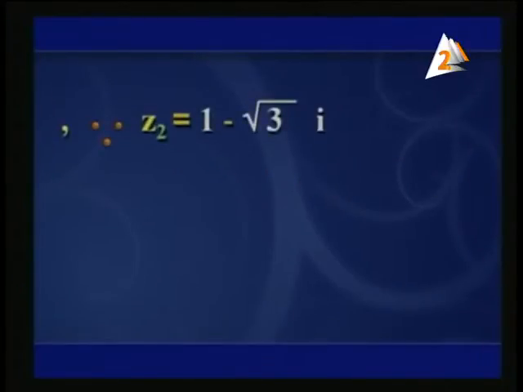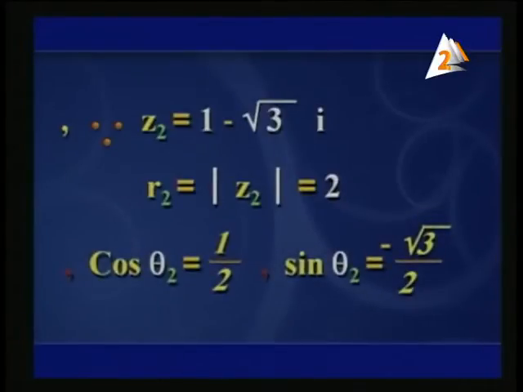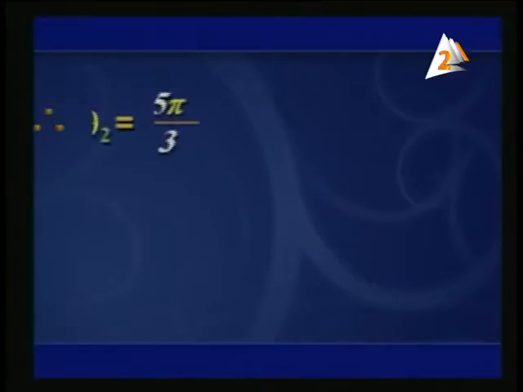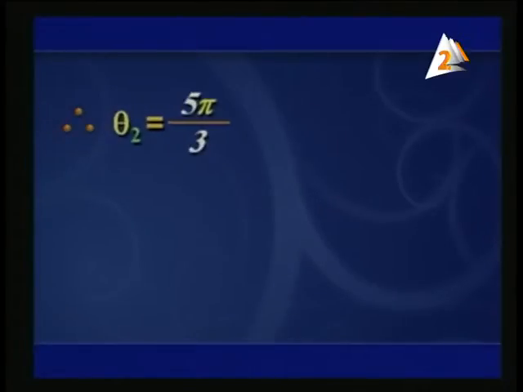Now, with z2, since z2 equals 1 minus root 3 i, therefore r2 equals the norm of z2 equals 2, and cosine theta 2 equals half and sine theta 2 equals negative root 3 over 2. Therefore, theta 2 equals 5 pi over 3.